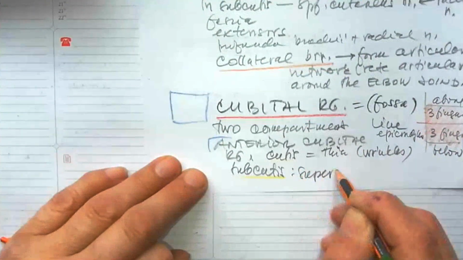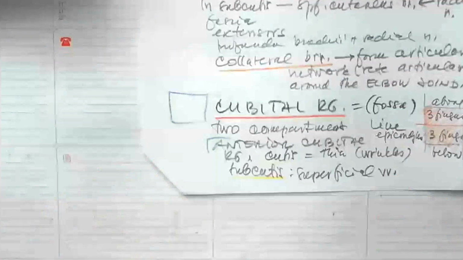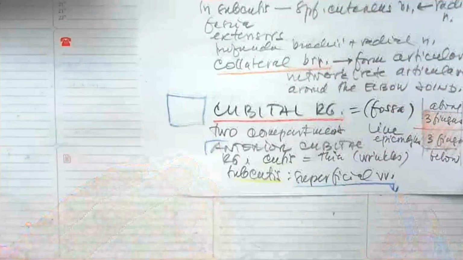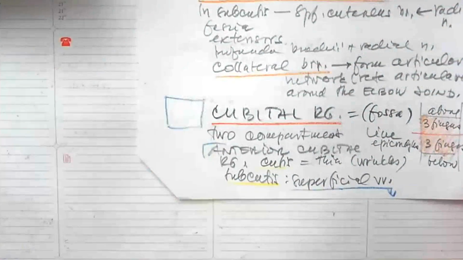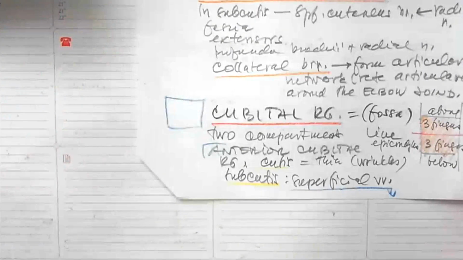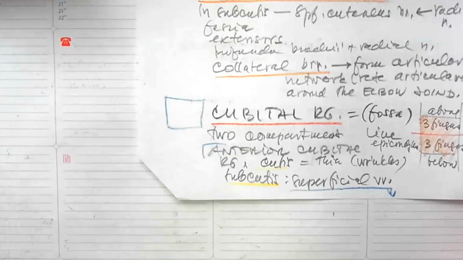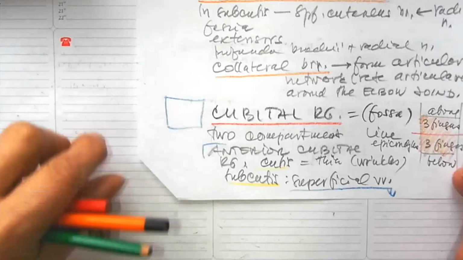superficial veins. We have to draw a diagram on the next page, and these superficial veins are well known, basilic, cephalic. We also remember that basilic and cephalic are the veins which represent the places of the intravenous injections.